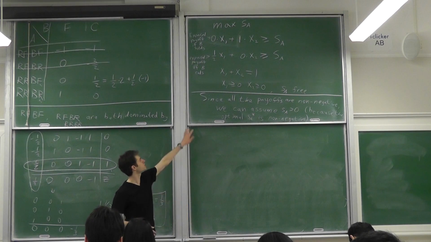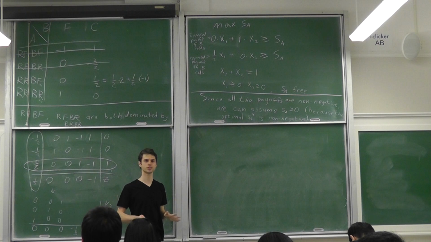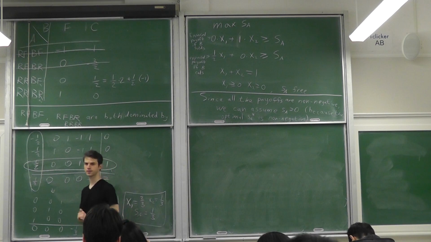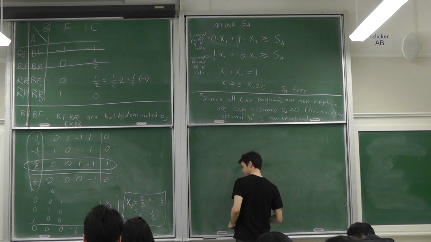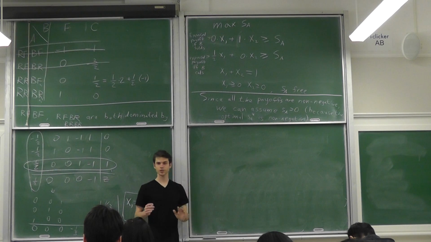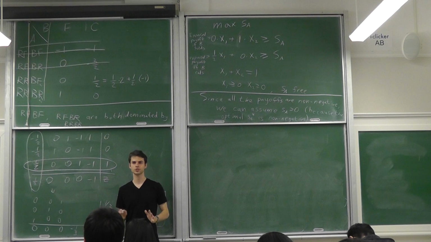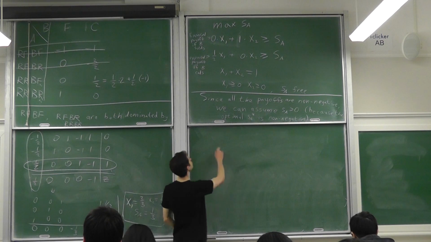So let's discuss duality in this kind of context where you do have some equalities and then you do have some free variables. Let me try to recall what duality is about. Let me write down once again this problem in standard form.